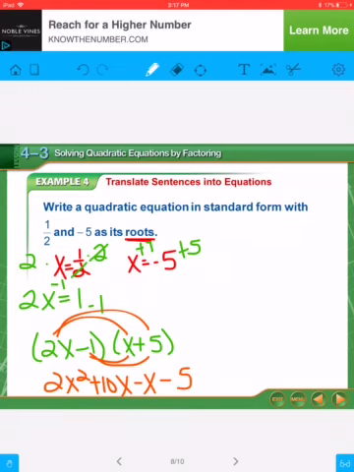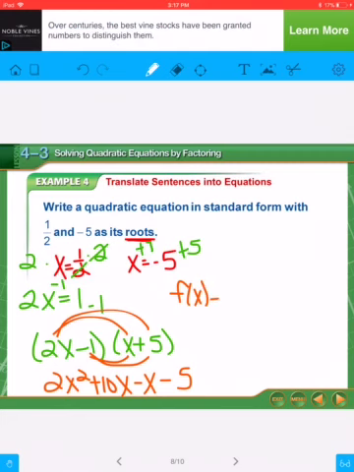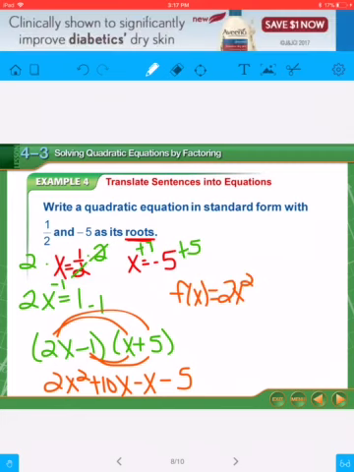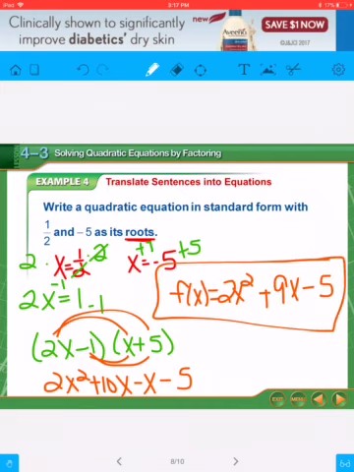So my equation is f of x equals 2x squared plus 9x minus 5. So there's my standard form.